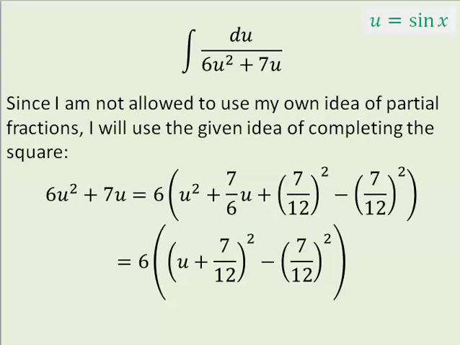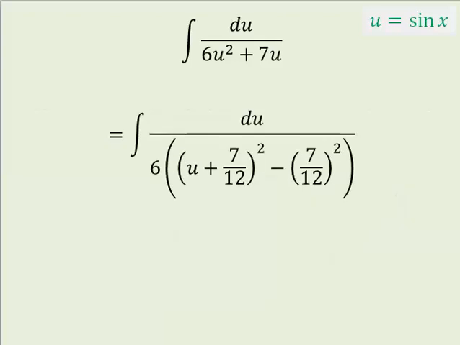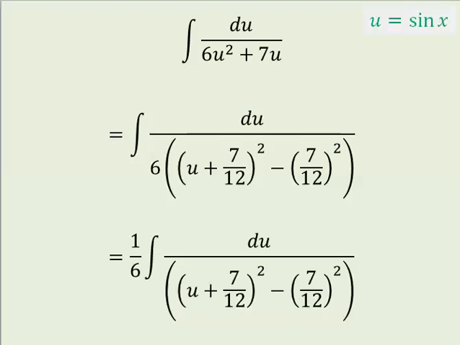Now that I've done this labor, I'm now going to put what I have found into my integral. I have to put it in the denominator. When I do that, I get a rather ugly looking fellow. I will pull out the 1 over 6.